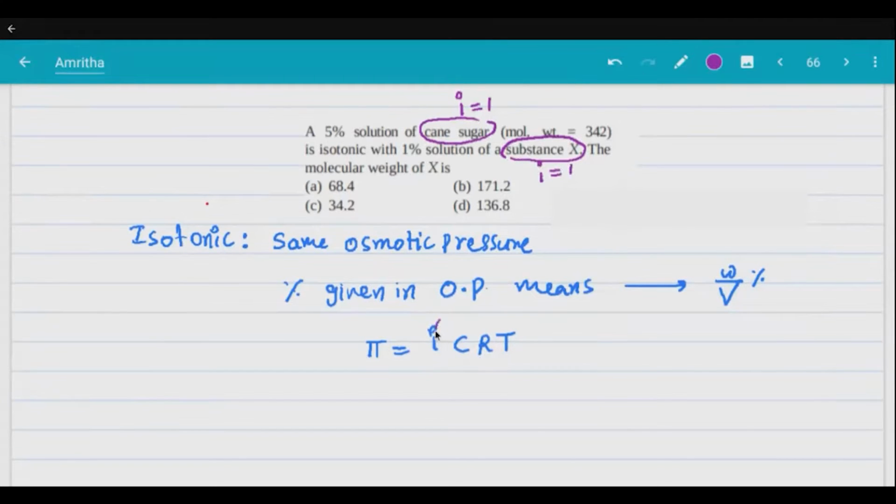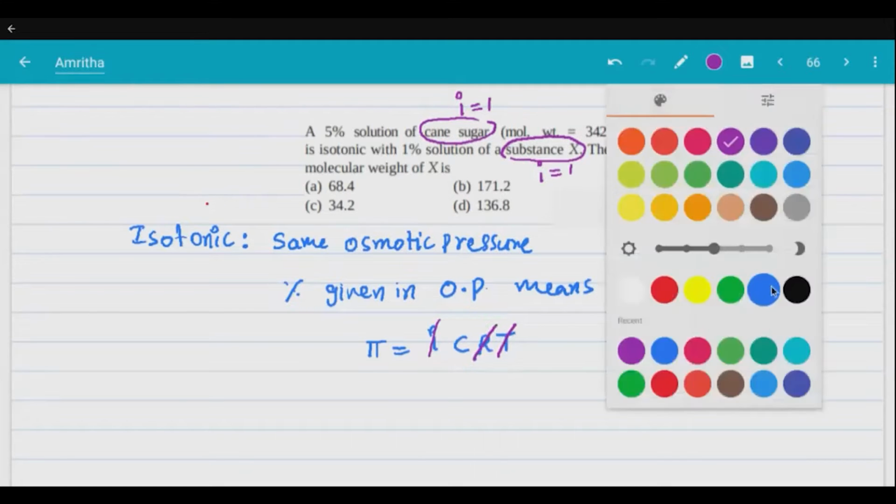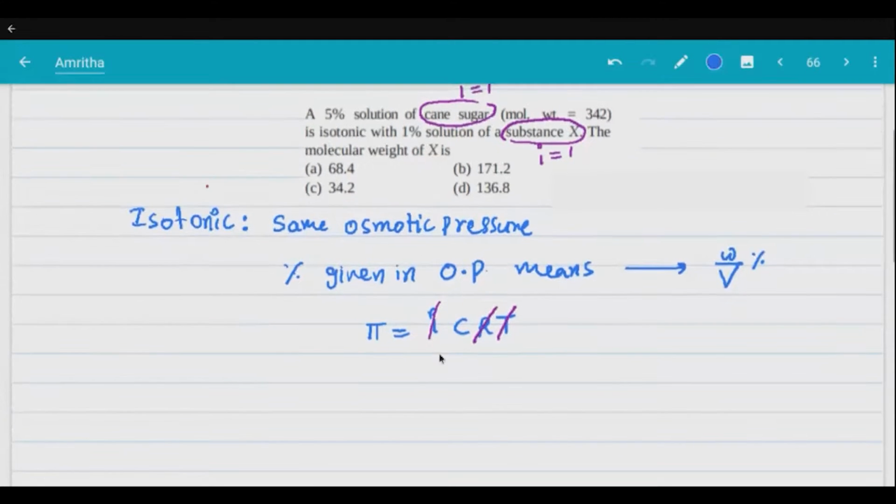Temperature is not mentioned, so it is kept constant, and R is also constant. Osmotic pressure is the same, so pi 1 is equal to pi 2, that means C1 is equal to C2. Basically the concentration must be the same.